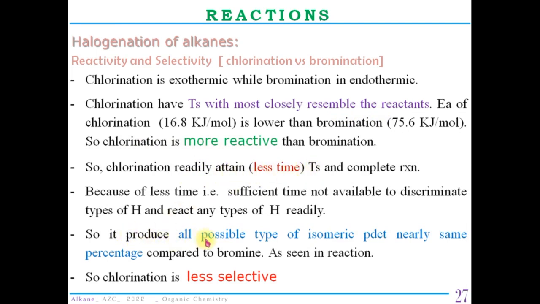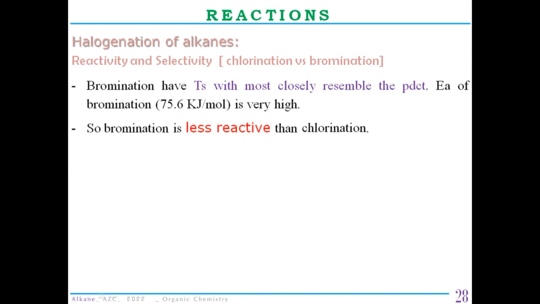So all possible types of isomeric product form in nearly the same percentage, and that's why the chlorination reaction is less selective. In bromination, the activation energy is 75.6 kJ per mole.